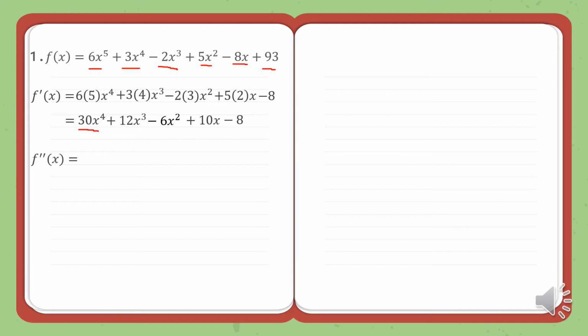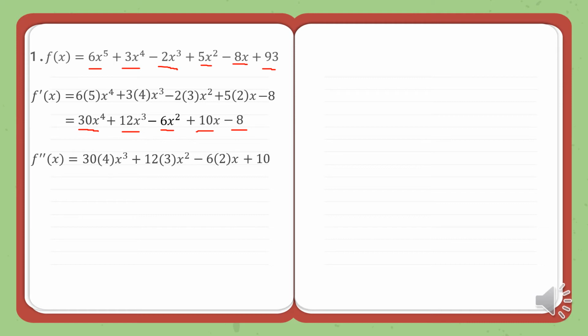So, ang derivative ni 30x raised to 4 is 30 multiplied to 4x cubed. Derivative na second is plus 12 multiplied to 3x raised to 2, minus 6 multiplied to 2x plus 10. Okay? So, ang derivative ng ating constant ay 0. So, no need to rewrite that.